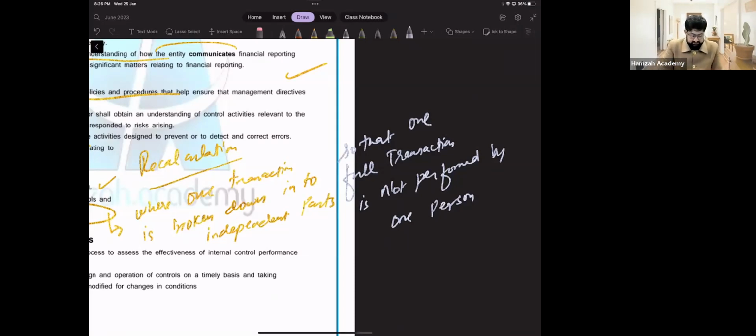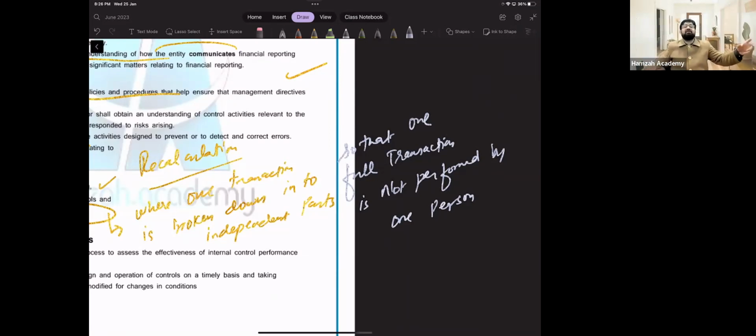Now, listen, please. For example, we say the purchase requisition will be generated by the stores department. The purchase order will be placed by the purchase department. Payment will be made by accounts. The check will be provided by them. So one purchase transaction is broken down.